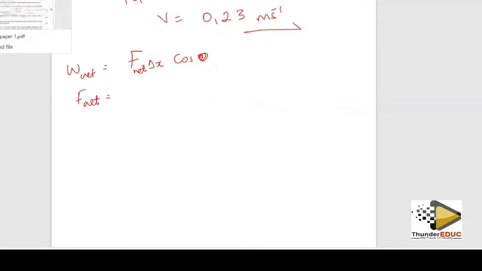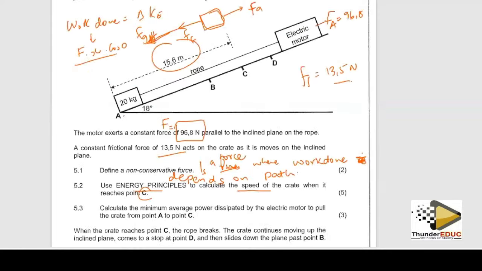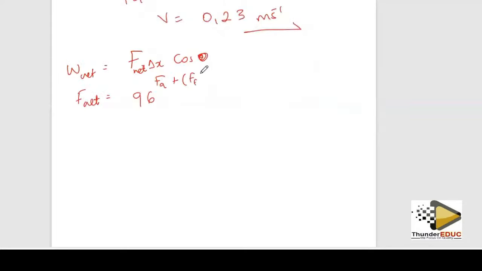Why don't I just call it the force applied first? Plus the frictional force that is acting in the opposite direction, and then plus the FG parallel that is also acting in the opposite direction. So I'll just attach the negative signs because they are working in the opposite direction.